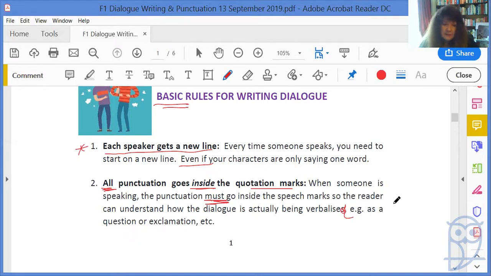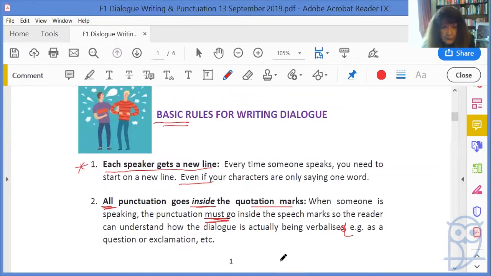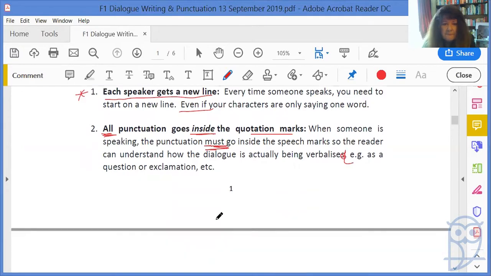E.g., maybe it's a question, maybe it's an exclamation, but all the punctuation goes inside your speech mark, whether you're using single inverted commas or double inverted commas. Okay, so that's your two basic rules. Each speaker gets a new line, and all punctuation must go inside the speech marks.